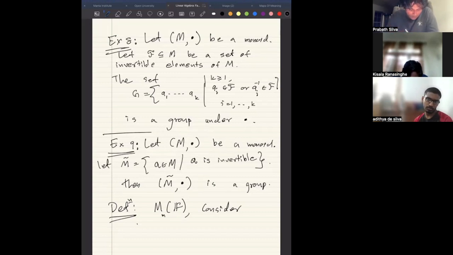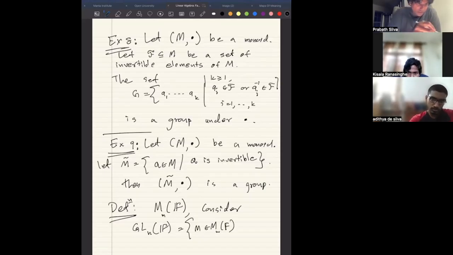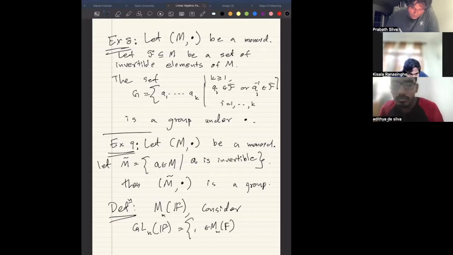That would be, we denote this thing by GLn. These are just the matrices, let me call this thing A, such that A is invertible.